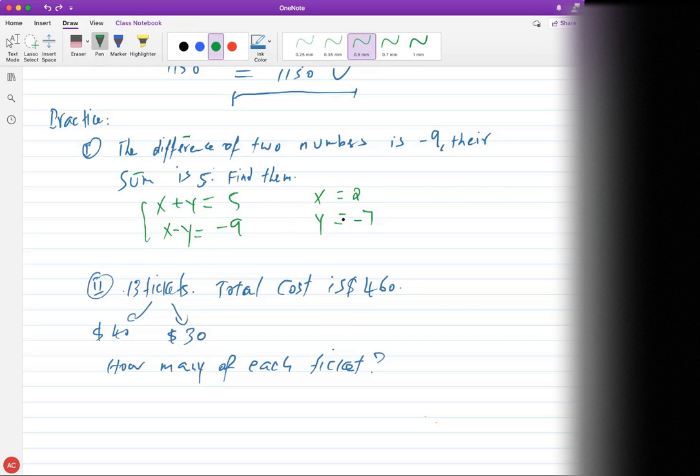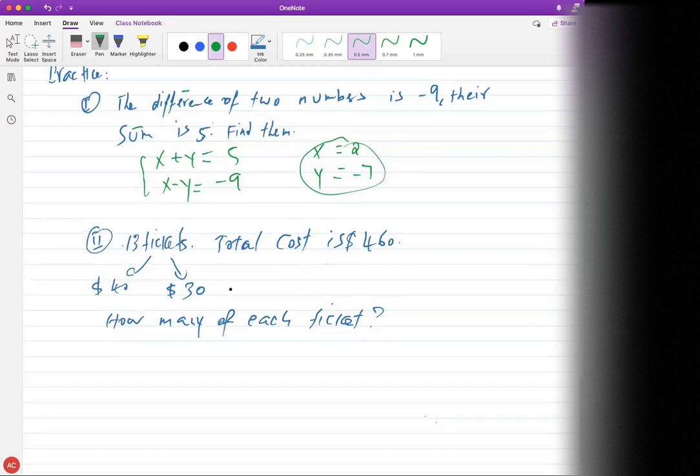The difference is this, the sum is 5. Okay, and so again, what do you get for the second one? So these are the numbers. If you add them or subtract, you get that. What about the next one?